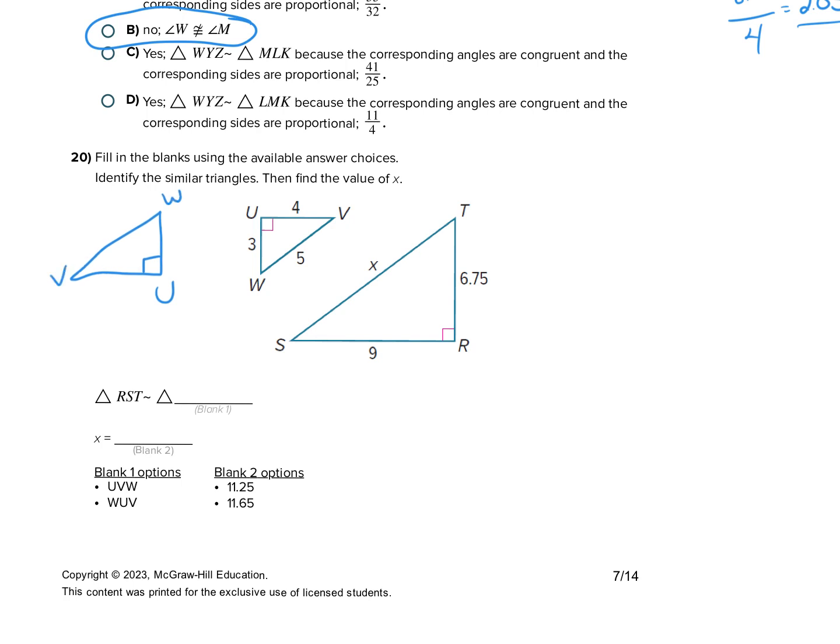Okay, yeah, but I do know that my hypotenuse, which is across from my right angle, is 5. So then UV is 4, and then this is 3.